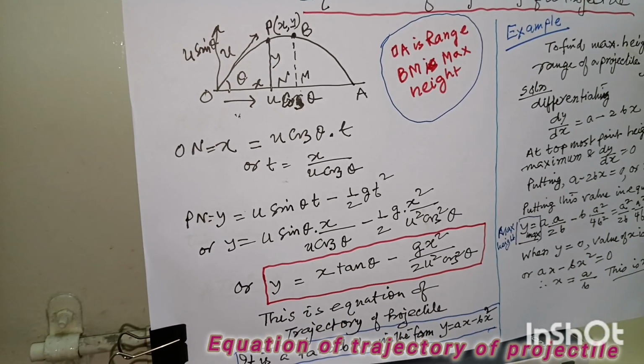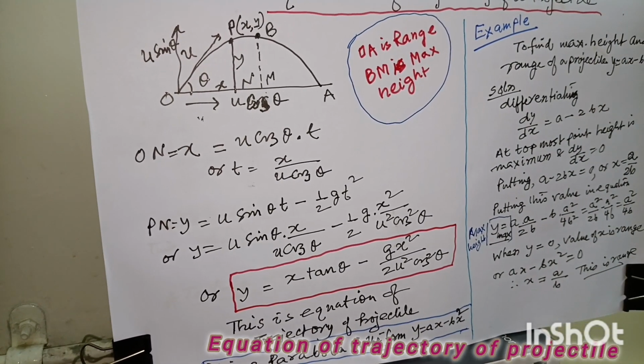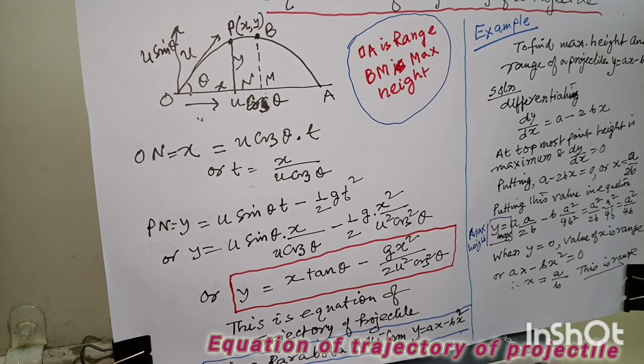So this is an equation of x and y, and it gives the trajectory of the projectile. Now any equation between x and y, in which one variable has power 1 and the other has maximum power 2, is a parabola. Here also x has maximum power 2 but y has power 1. So it is a parabolic curve.